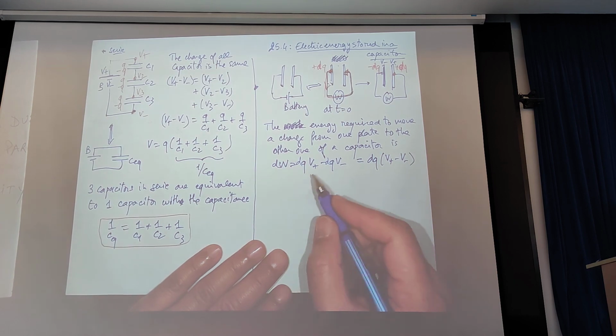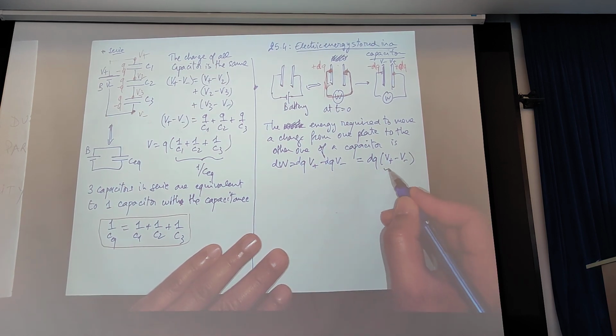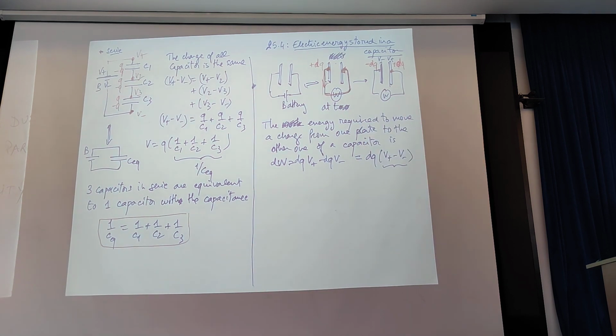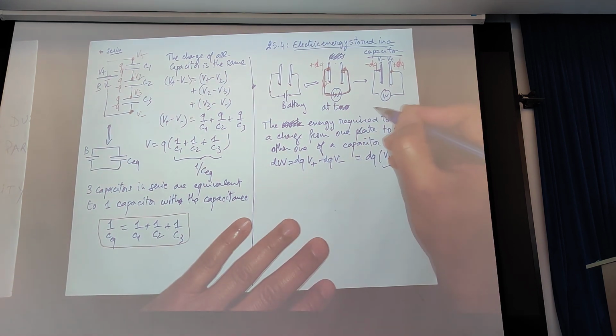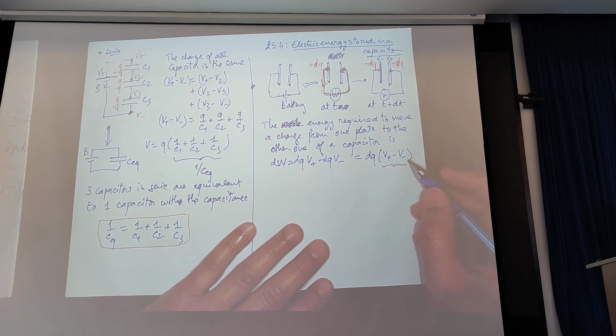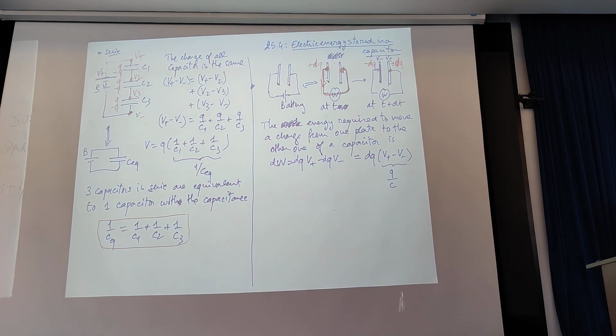So of course, this is at any time t. Sorry, it's not necessarily time t, but at the time t, V plus minus V1 is equal to the charge over the capacitance.